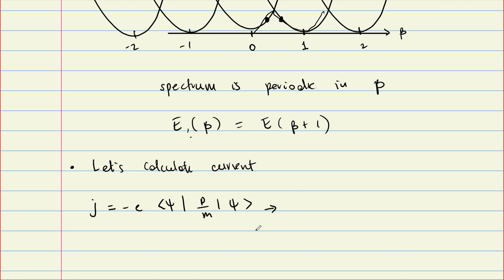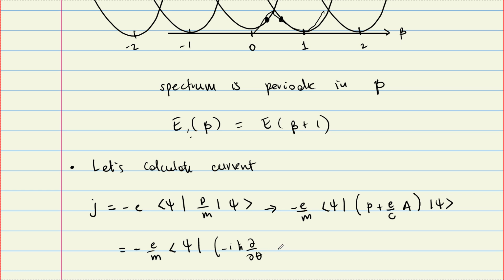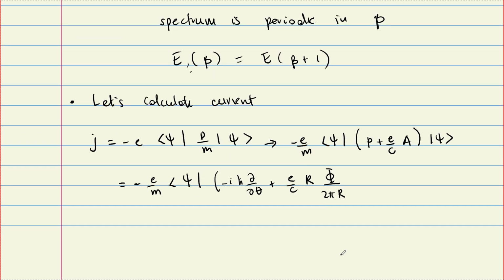But in the presence of a vector potential, P is going to be replaced by P plus e over c times A. So this is minus e over m, psi star, minus i h bar del over del theta plus e over c, and let me just write what we had there, R times flux divided by 2 pi R, times psi.